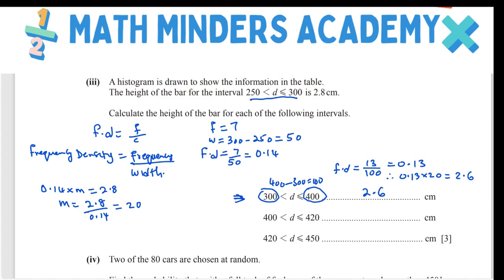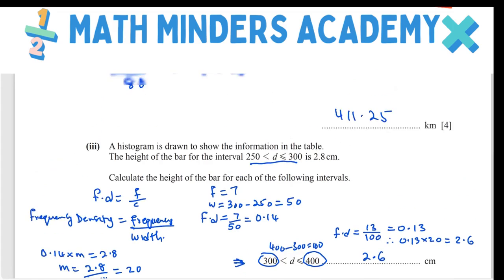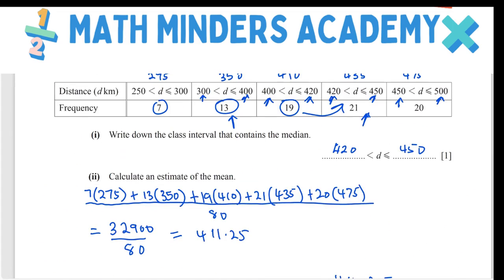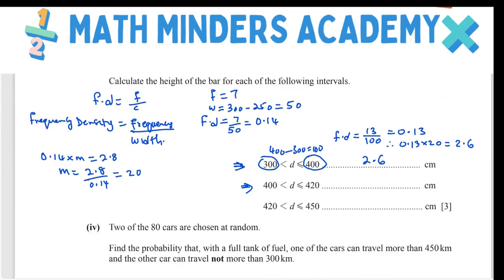We look at the second class. This class here, 400 to 420. Go to the table to check the frequency of that class. 400 to 420, the frequency is 19. Come back here. So it means here that the frequency density of this class is going to be 19 over the class width, which is 420 minus 400.